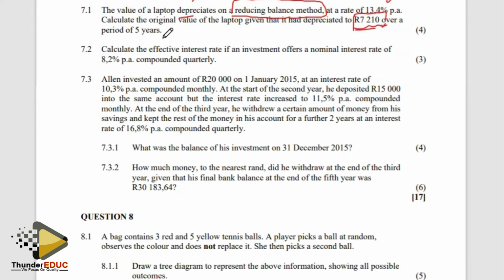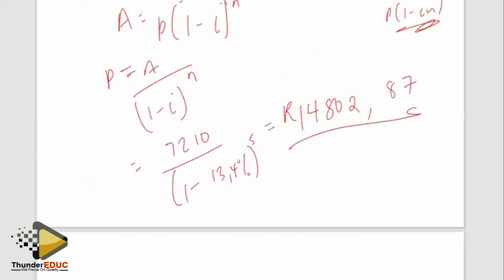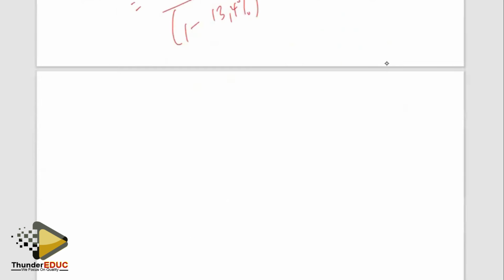All right, then 7.2, calculate the effective interest rate if an investment offers a nominal interest rate of 8.2% compounded quarterly. So we know that from our formula, 1 plus i effective should give us 1 plus i nominal over n to the exponent of n.